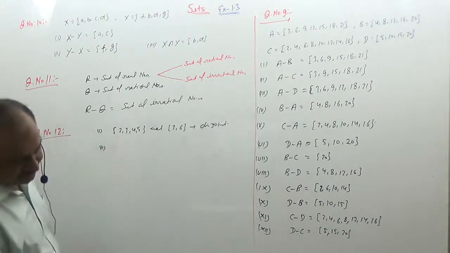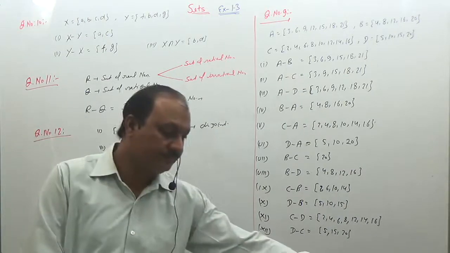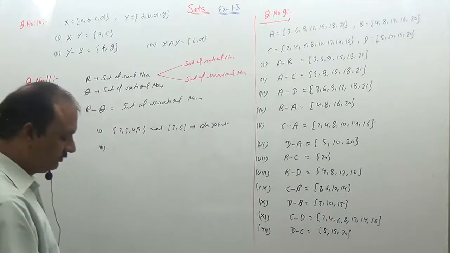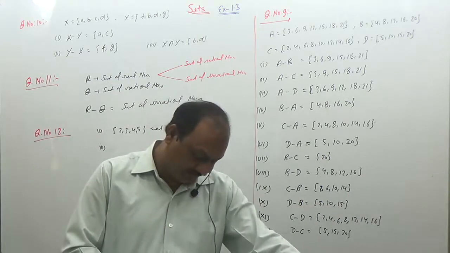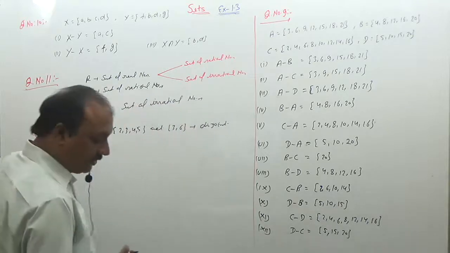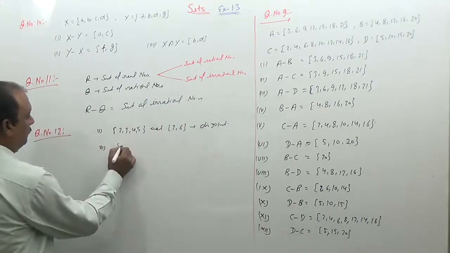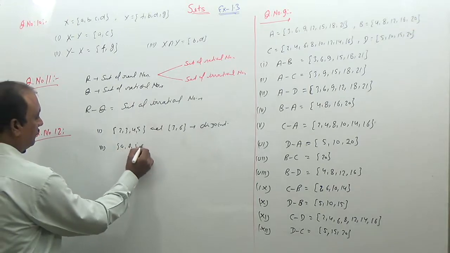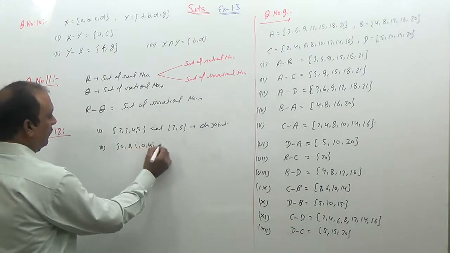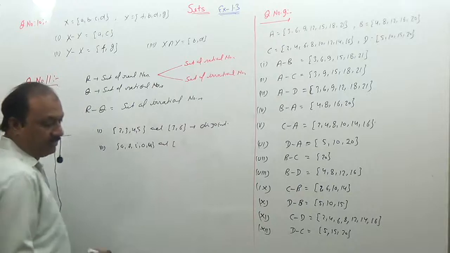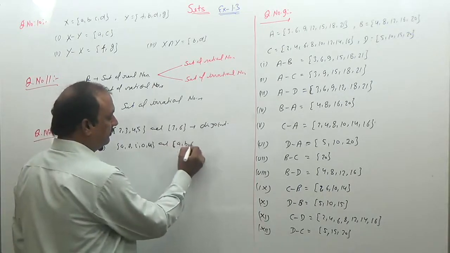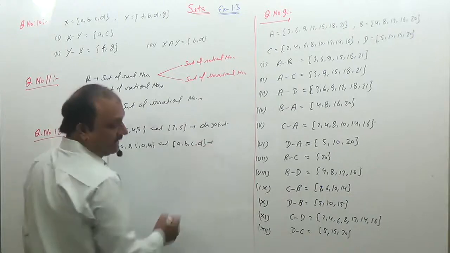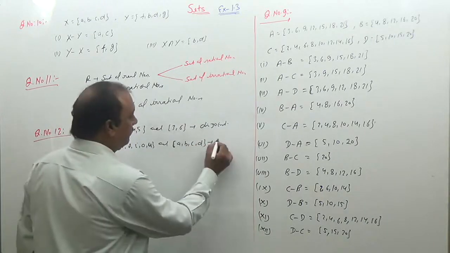Second part is, the set of A, E, I, O, U and the second set A, B, C, D are disjoint.